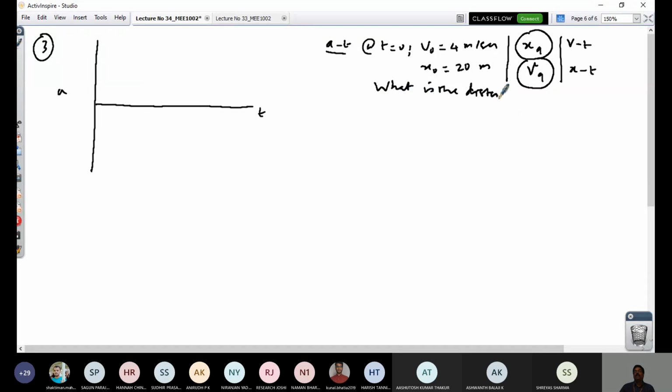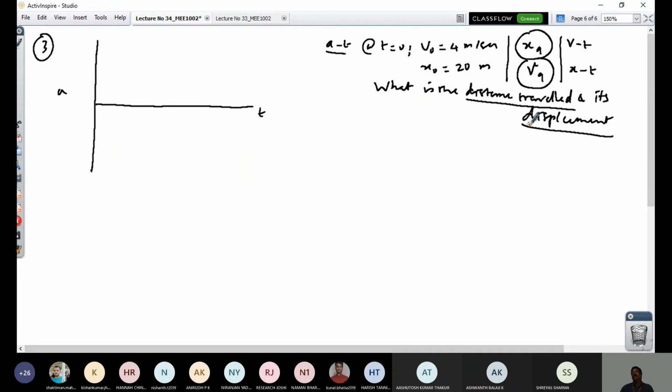So you should know the difference between distance traveled and displacement. Distance traveled is the measurement along the path, right? Whereas displacement is the change in position over any given time interval.